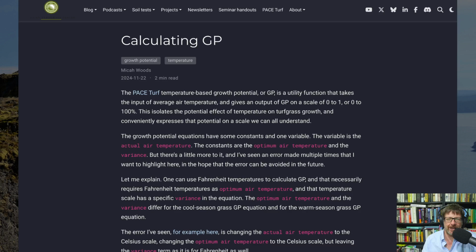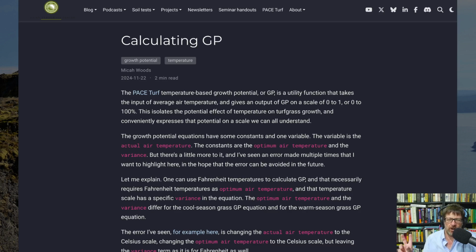That's all fine. I think everybody understands that. I'm not aware that anybody's made the error of leaving the equation with an optimum temperature set in Fahrenheit and then using input of Celsius, or the reverse. That doesn't make sense, and I think that's an uncommon error to make.